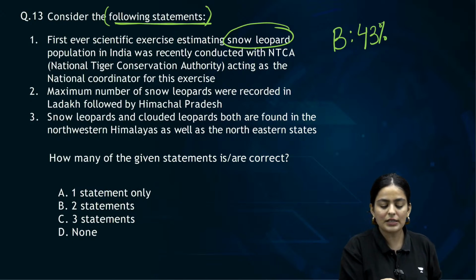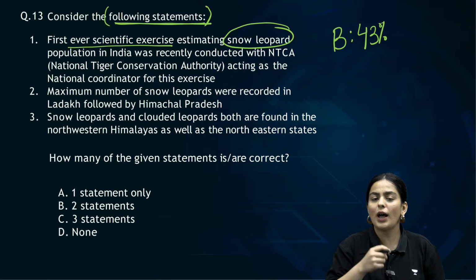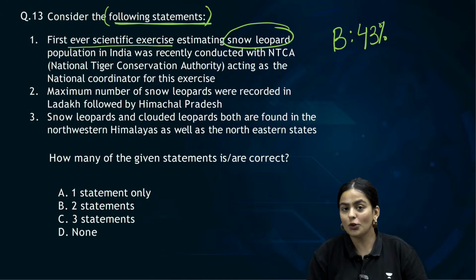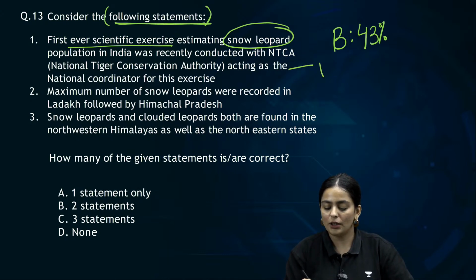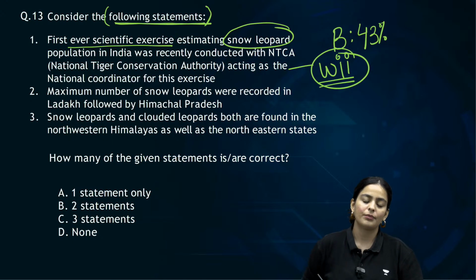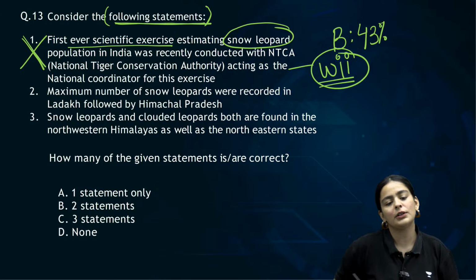So it was the first ever scientific exercise to estimate the population of the highly elusive species that is snow leopard. But the national coordinator was not NTCA, it was the Wildlife Institute of India. Clear about this? So the first is incorrect because of that.